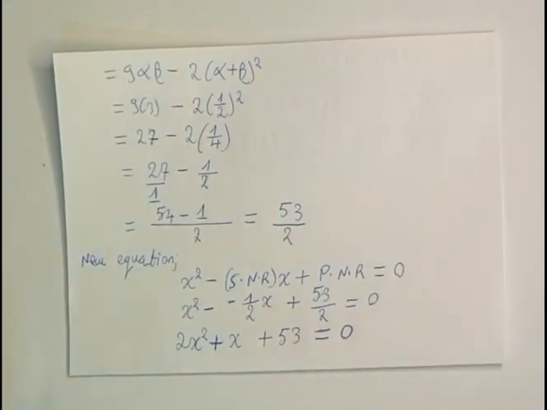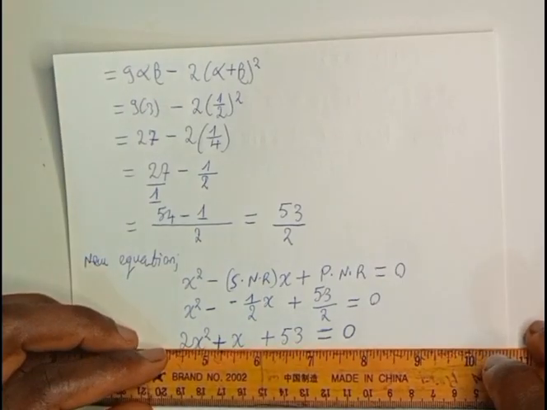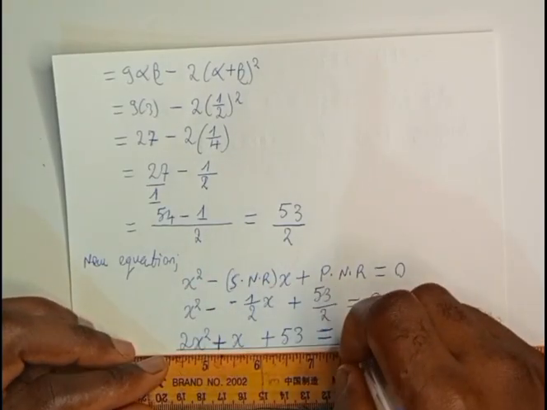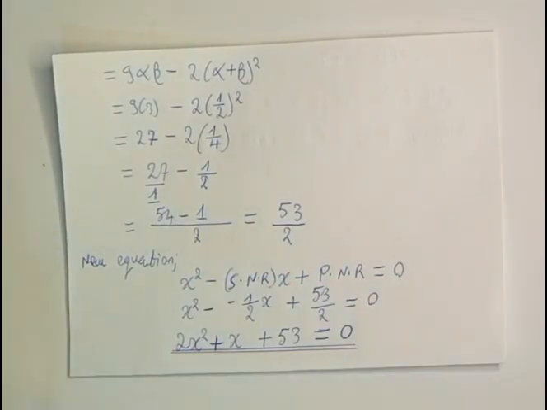This is the equation with roots alpha minus 2 beta and beta minus 2 alpha. We underline the equation. We are done with the solution of the question.